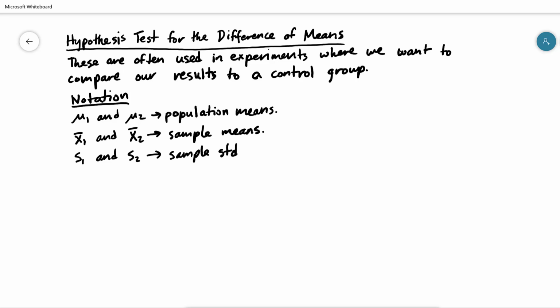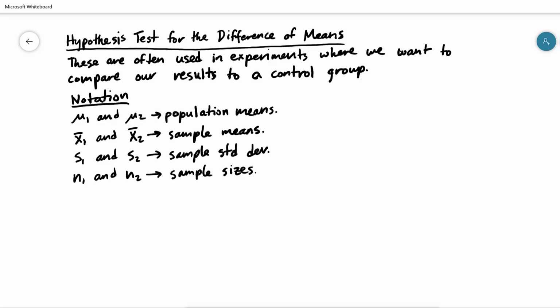But if you're dealing with S, you're also going to be dealing with T. Okay, so sample standard deviations. And we also have potentially two different sample sizes. Our two groups don't have to have the same number of participants. So the number of people that take the placebo versus the number of people that take the actual medication, they can be different numbers. So we're going to have two different sample sizes.